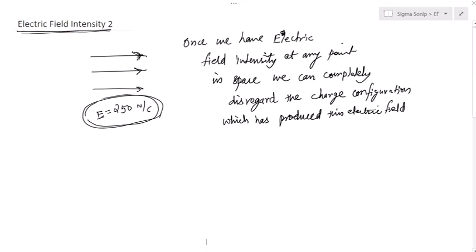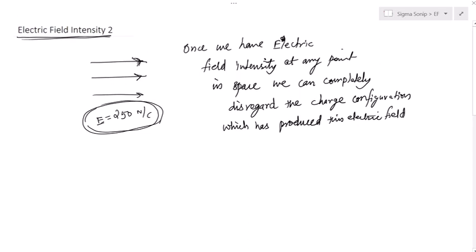Now, if I place any charge here, suppose at this point, this is my point P, and I place a charge of, say, Q here, then because this charge is in the electric field, it will experience some force, because that's the very definition of electric field.